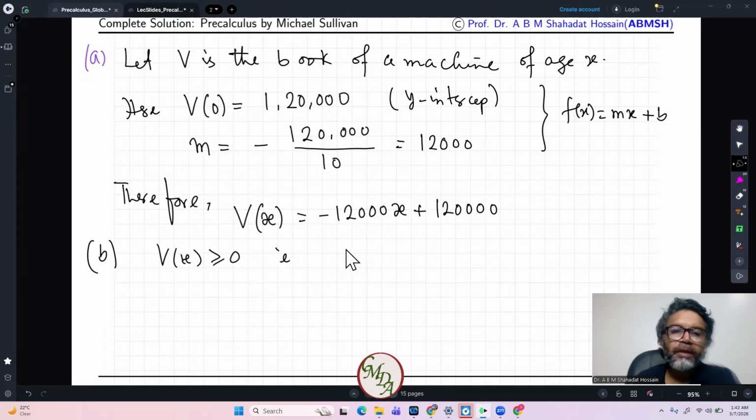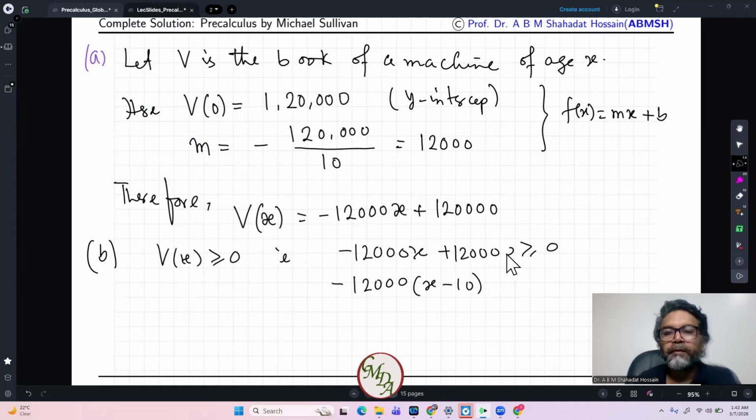That means we must have minus 1,200x plus 120,000 greater than or equal to 0. We can take the common factor, and we have x minus 10 less than or equal to 0, after dividing. So x must be less than or equal to 10.